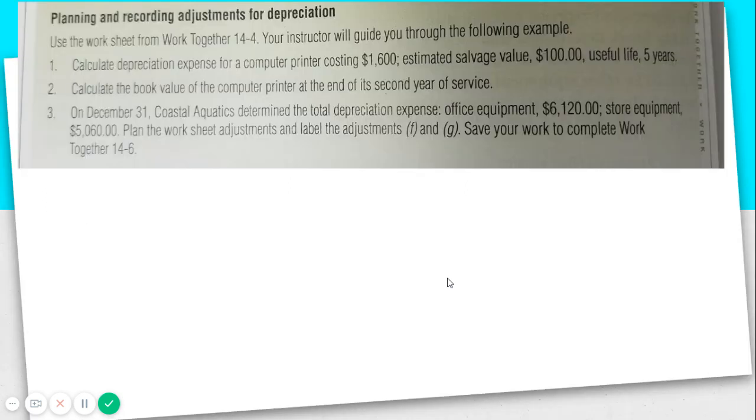So our work together, step 1. This would be the third page, so flip to the third page. Step 1, calculate depreciation expense for a computer printer costing $1,600, estimated salvage value $100, useful life 5 years.